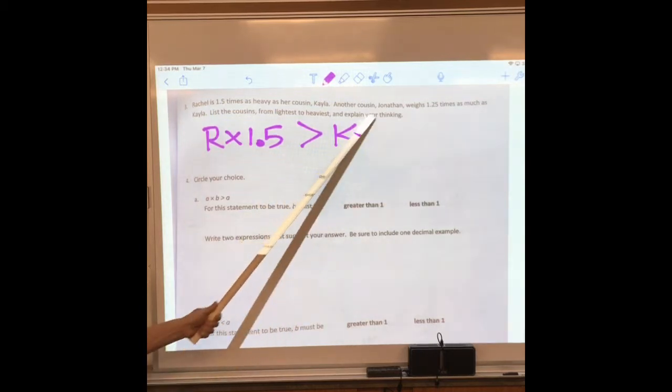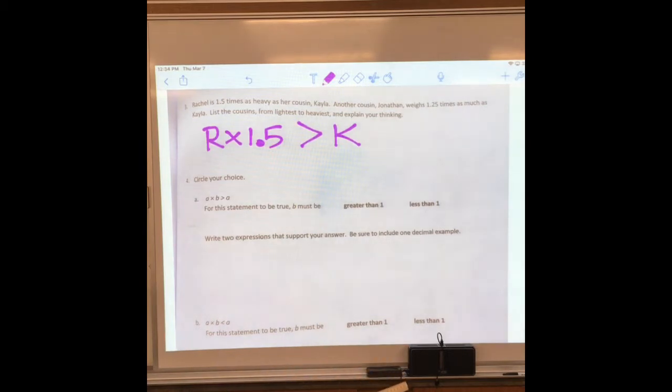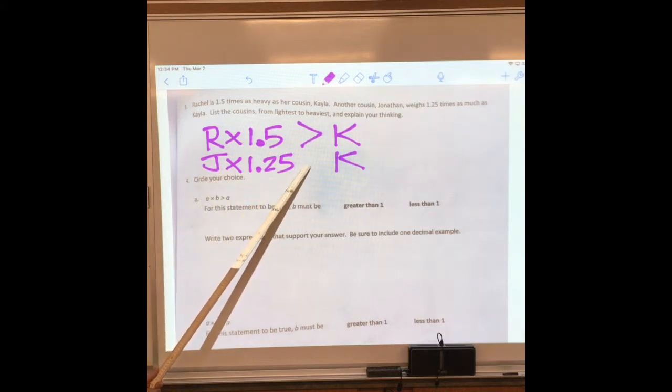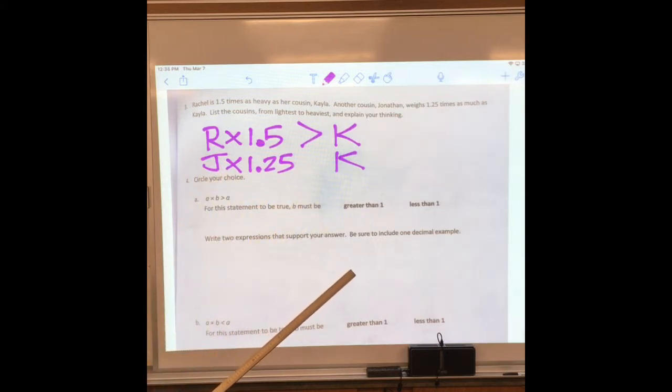But it says Jonathan weighs J equals 1.25 times K. All right. Is J greater than K? Yes. Why? Because it has a 1, right?